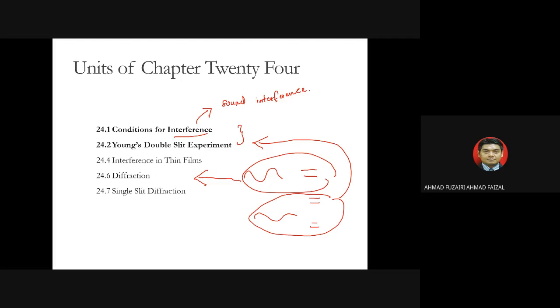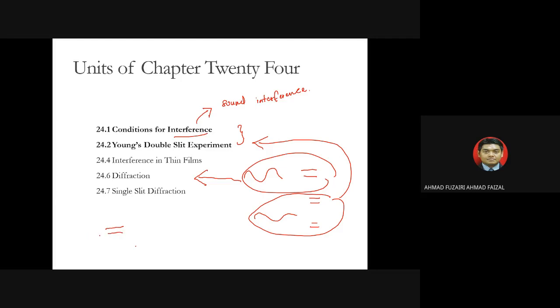The characteristic of a wave, when it encounters a slit, bila dia melalui celah, is that it will diffract.